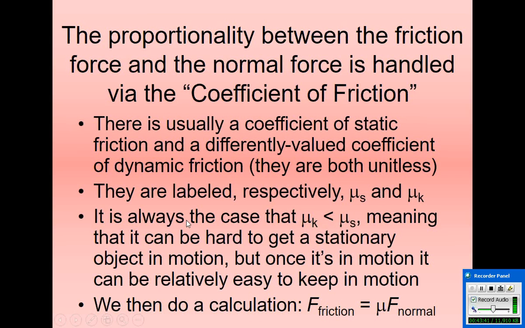Every pair of surfaces has its own set of coefficients of friction. What do I mean by every pair? If I have wood on ice, if those are the two surfaces in contact with each other, there is a particular pair of mu-S and mu-K for those two surfaces. If the wood is in contact with concrete, there's a different set of mu-S and mu-K.